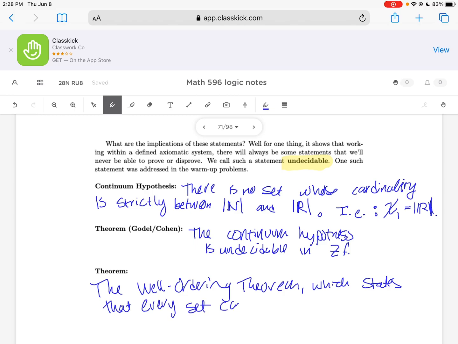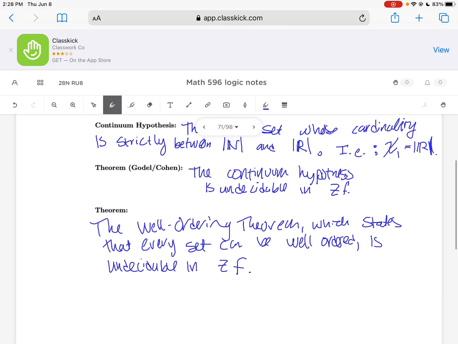Every set can be well-ordered. Is also undecidable in Zermelo-Fraenkel and ZF.